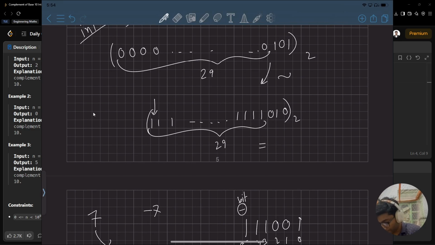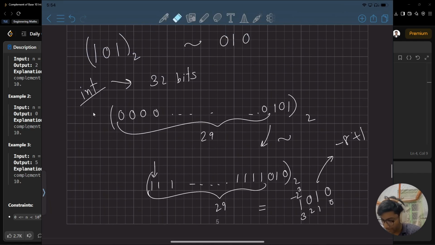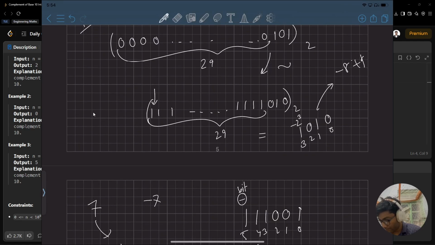So that means 1010, if this is minus 2 to the power 3, because 0 1 2 3, then this will be minus 8 plus 2, so minus 6.